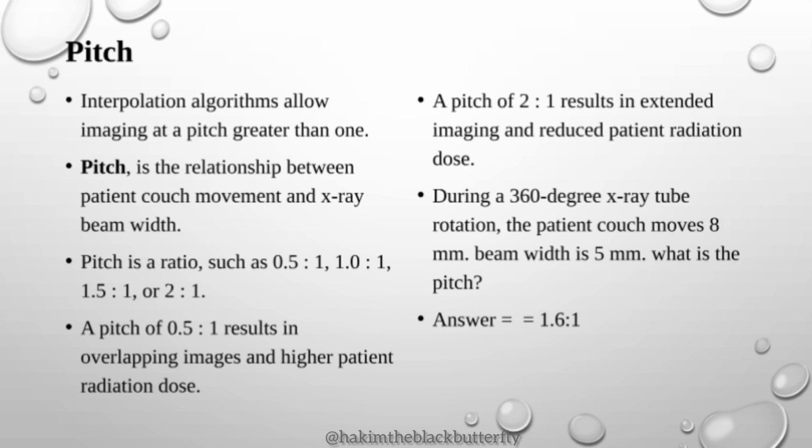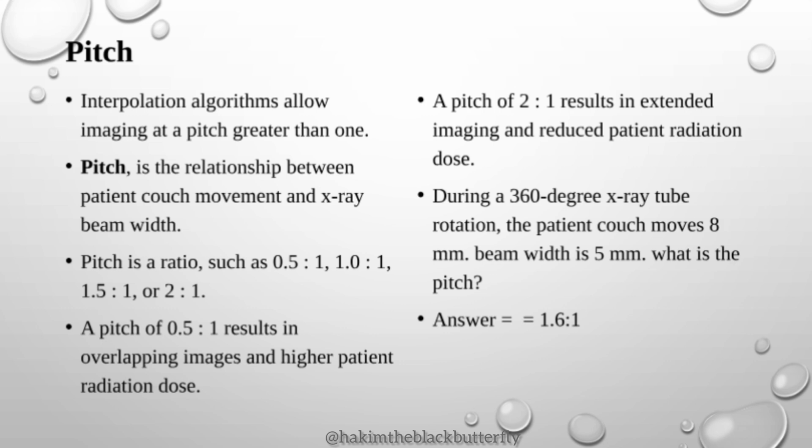Sometimes the speed of the table is very low compared to the tube and the detector rotation, and sometimes the table speed and the tube rotation can be comparable. What does that mean?